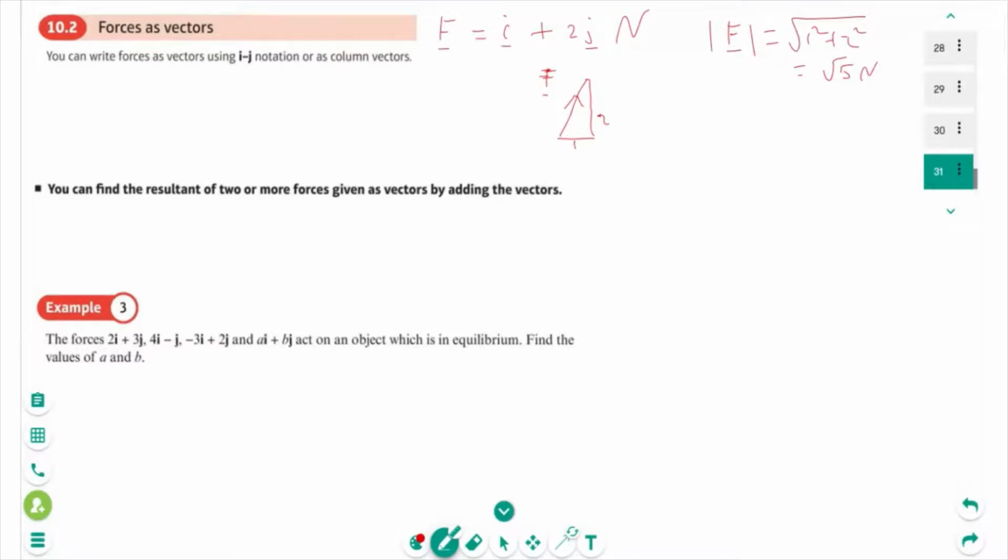You can find the resultant of two or more forces as vectors by adding the vectors. So you do the obvious thing. If you've got multiple forces, F1 as a vector, and F2, suppose you've got two forces acting on a body, some particle there, with forces F1 and F2 acting on a particle.